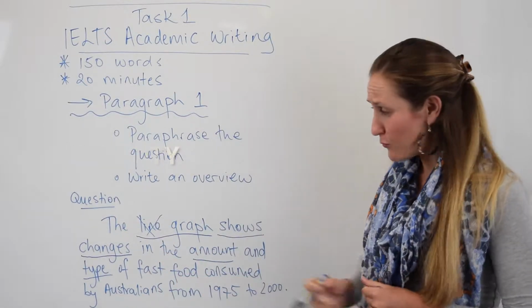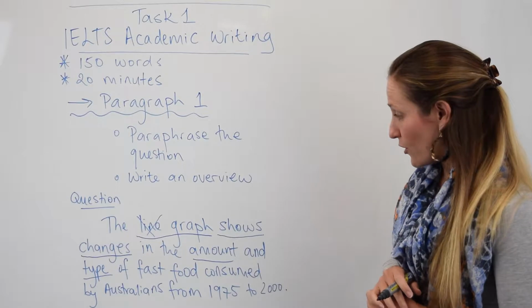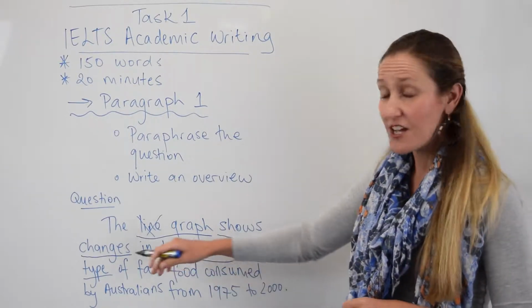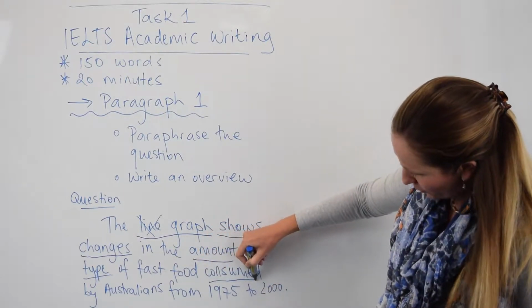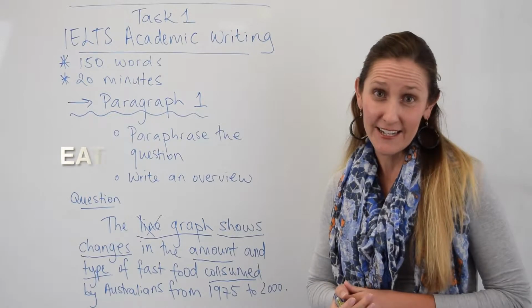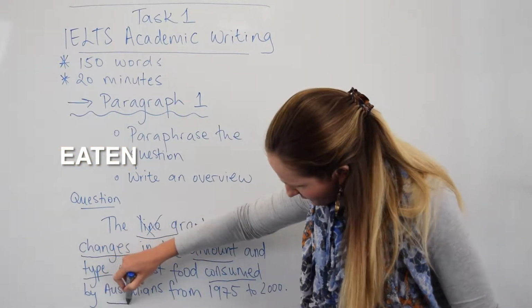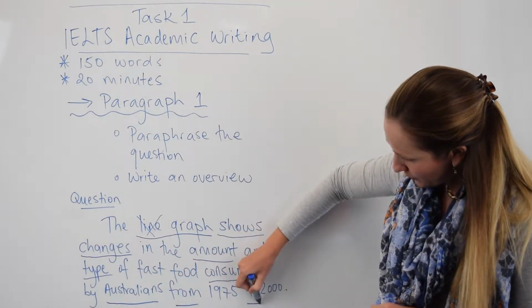Type is a really good word in this particular sentence, so perhaps we might change the word order. So the quantity of fast food and the types consumed. If we want to change this word, we could say eaten. The final thing that we want to change is this last phrase here, Australians from to.